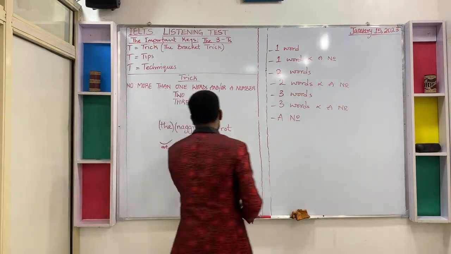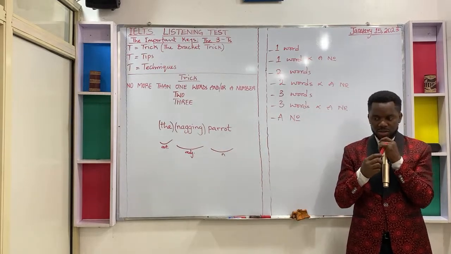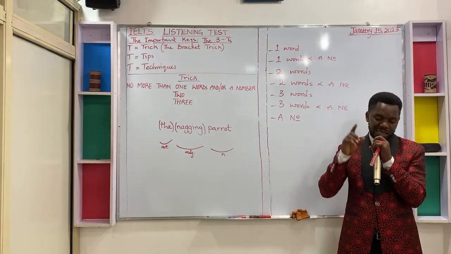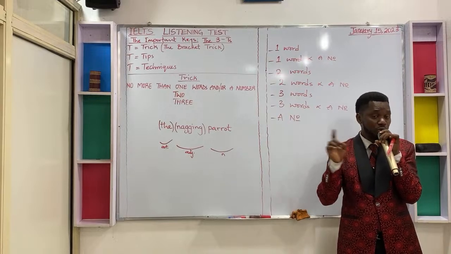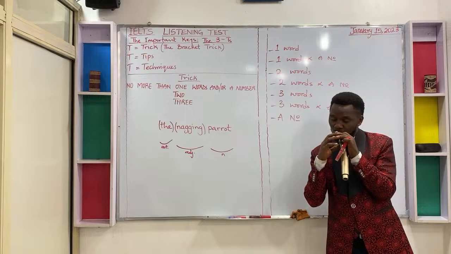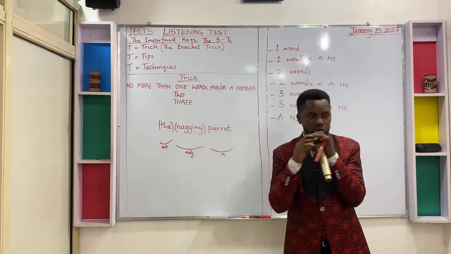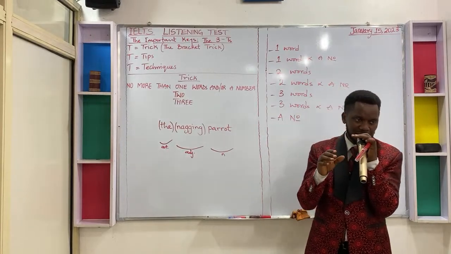Do we understand this? So, the bracket trick under 3-word answers should be applied individually. Please do not put 2 words in one bracket. Put 2 different words in 2 separate brackets.